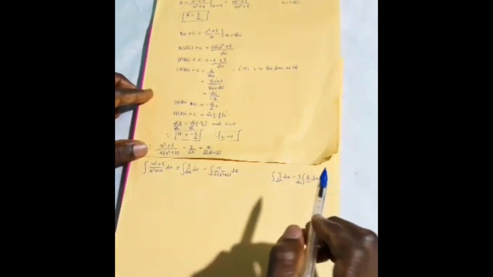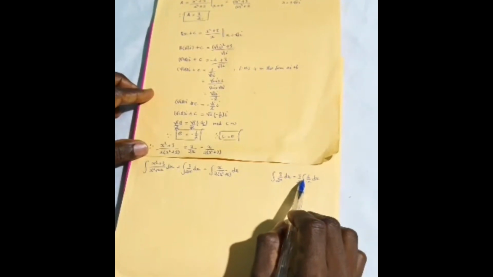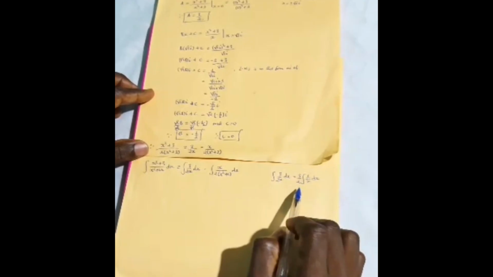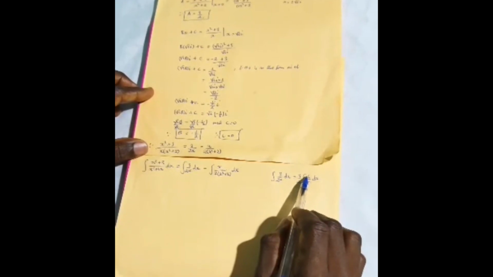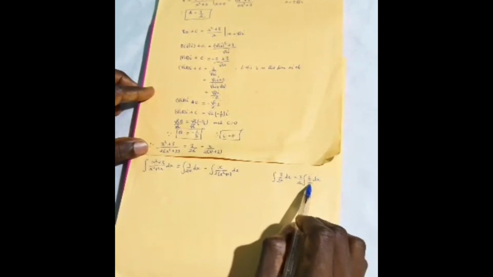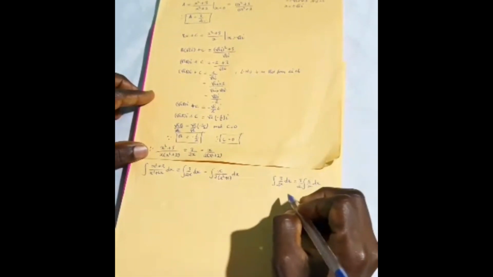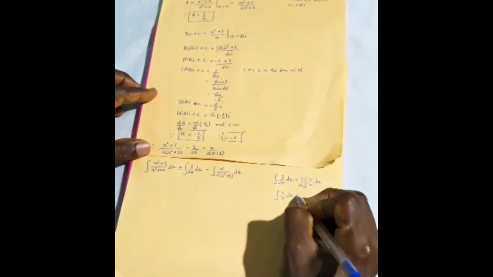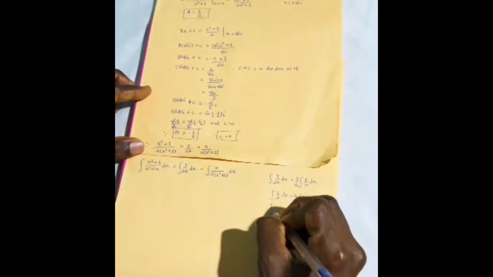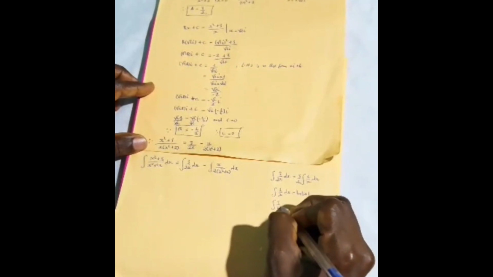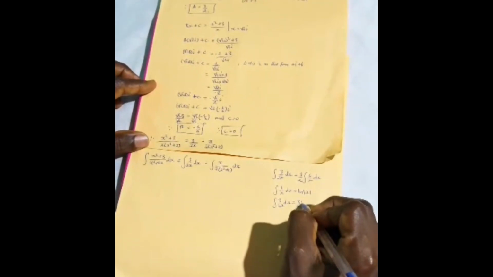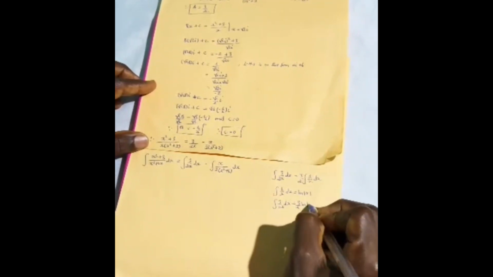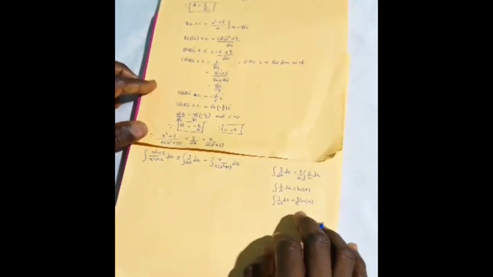This is so because the integral sign actually factors out constants. That is why we have 3 over 2 out here times the integral of 1 over x dx. Now we know that the integral of 1 over x dx is equal to the ln of the absolute value of x. So the integral of 3 over 2x dx will be equal to 3 over 2 times the ln of absolute value of x.